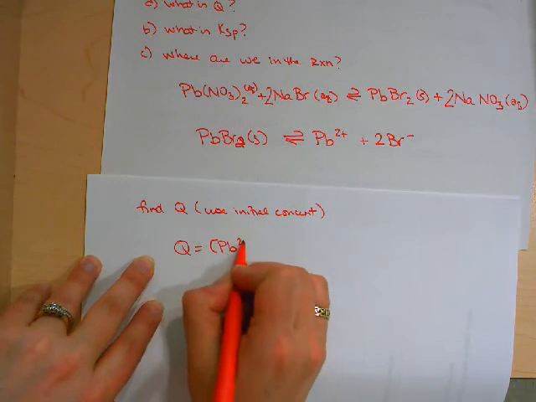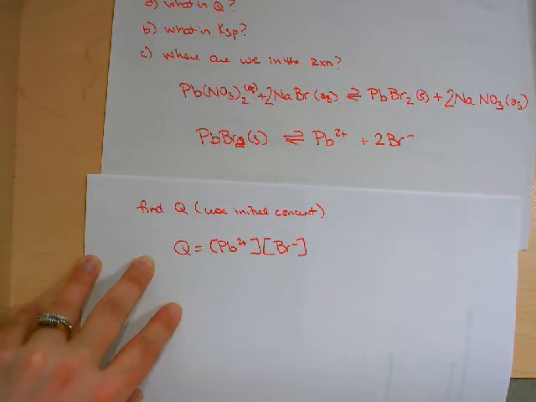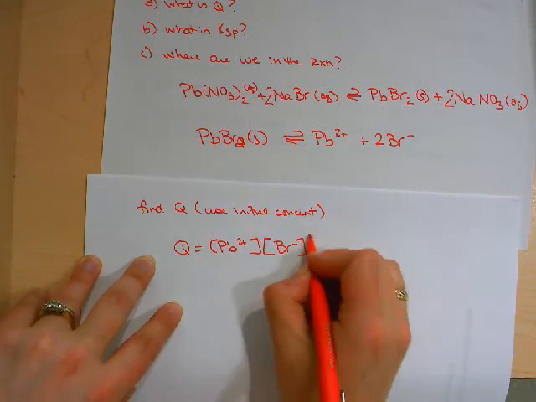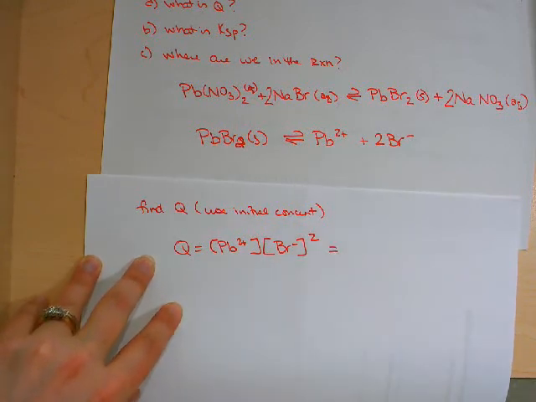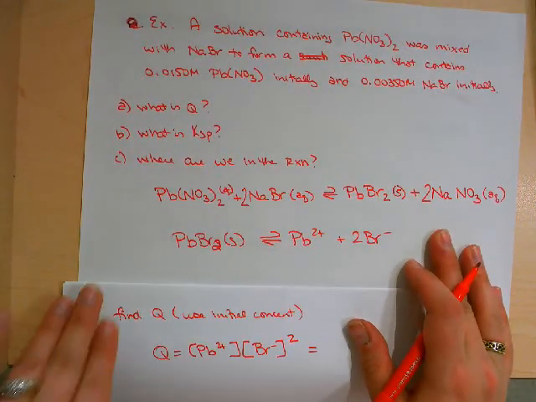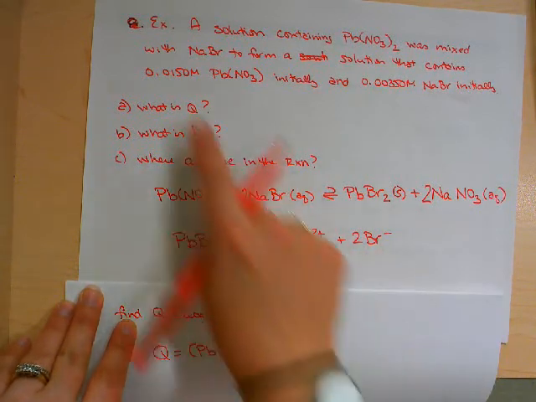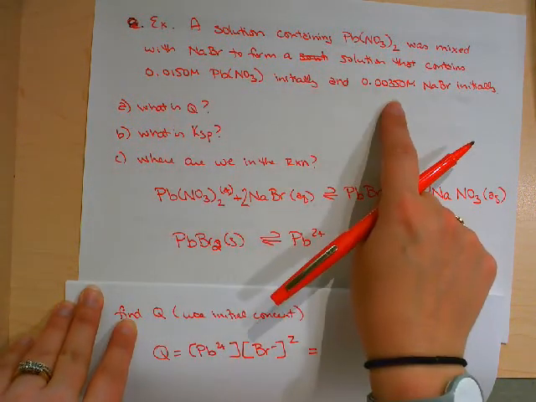Okay, Pb2+. And what do I do about this bromine? How do I figure out what the lead concentration should be? Any guesses? There's two options. Is it number 1 or number 2?